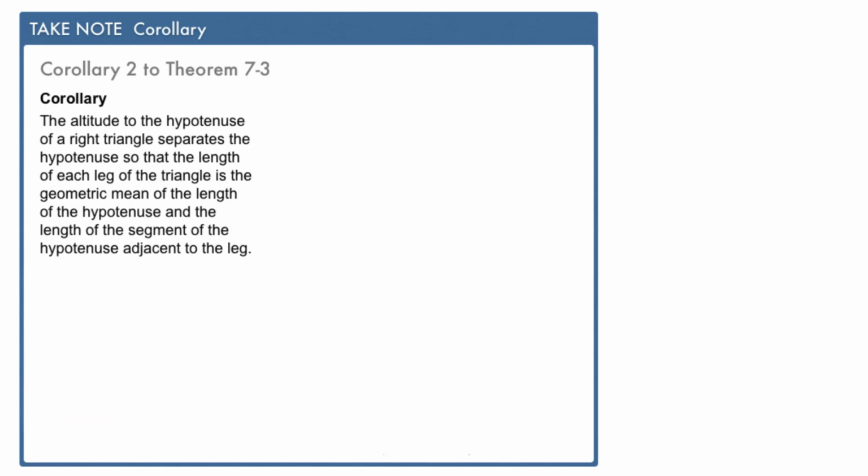Corollary 2 to Theorem 7.3. The corollary states the altitude to the hypotenuse of a right triangle separates the hypotenuse so that the length of each leg of the triangle is the geometric mean of the length of the hypotenuse and the length of the segment of the hypotenuse adjacent to the leg.